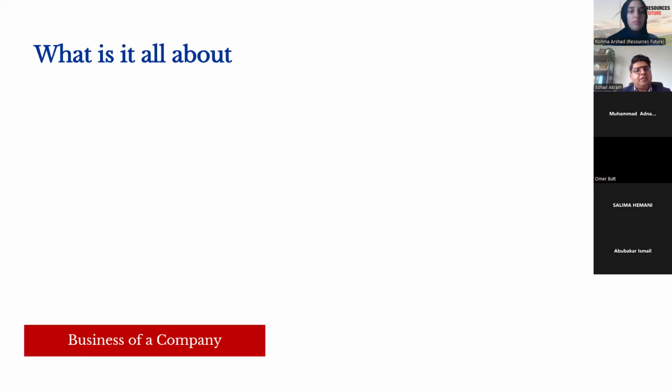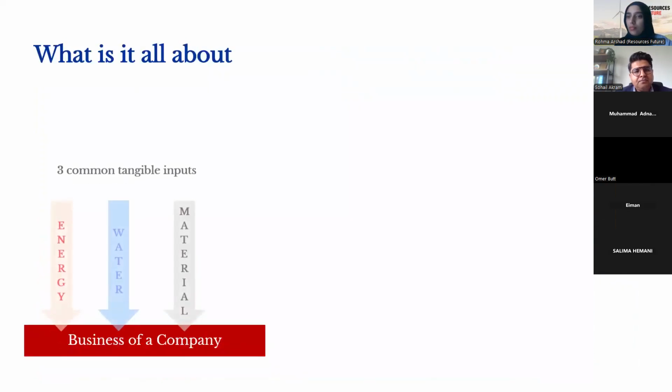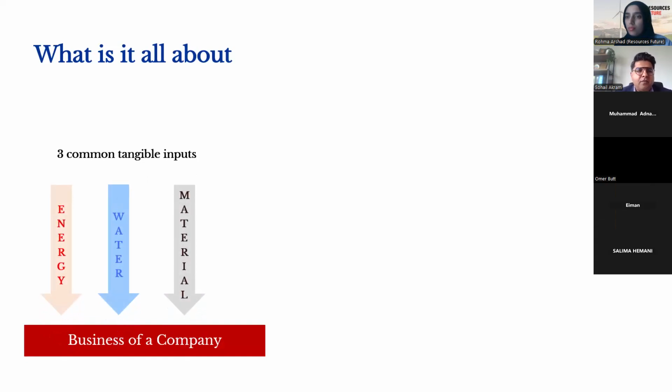So now let's explore how businesses and corporations are interconnected with sustainability-related efforts and why the reporting is important. We know that companies generally use inputs obtained from different resources like water, energy, and material, and they get economic benefits.